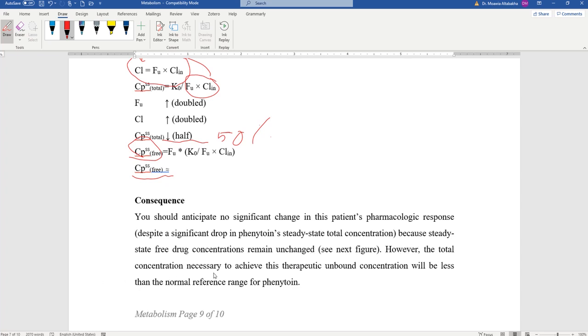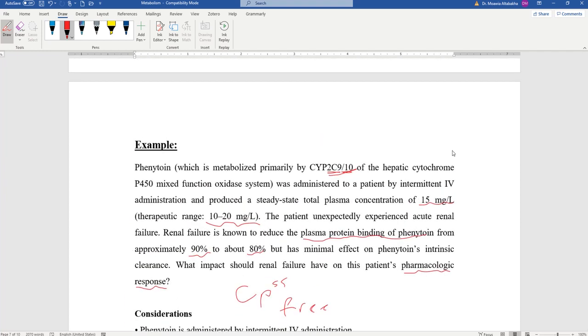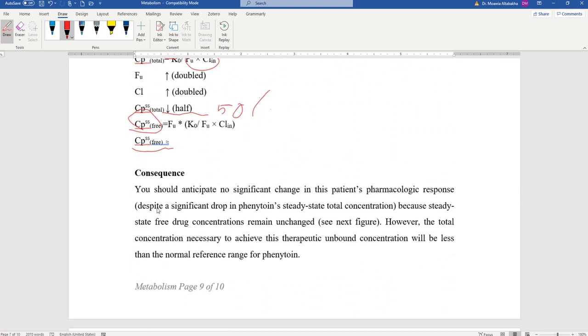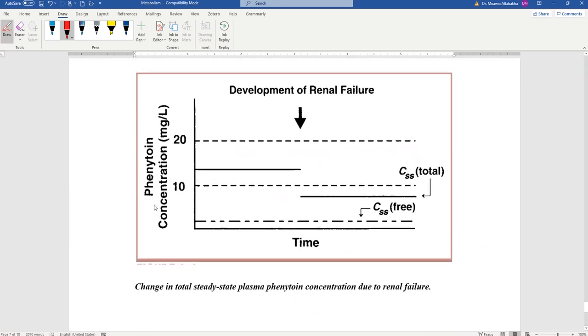However, the total concentration necessary to achieve this therapeutic unbound concentration will be less than the normal reference.